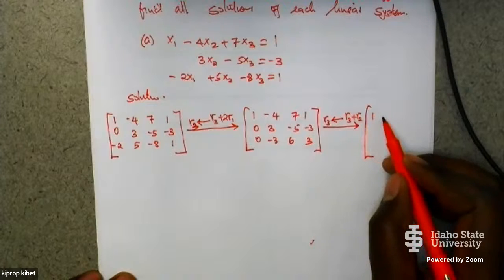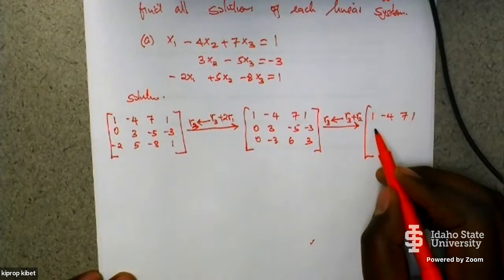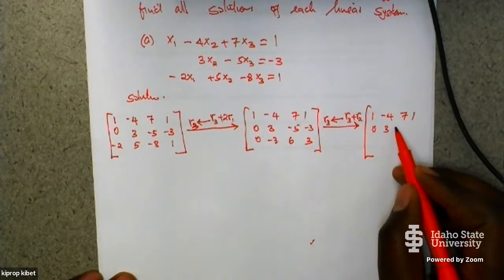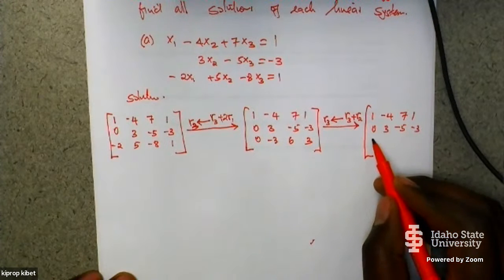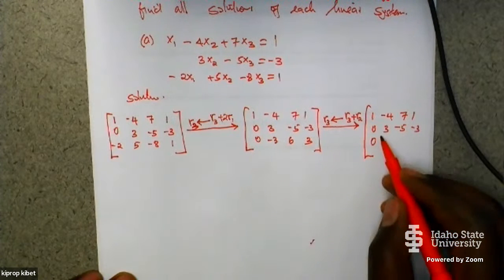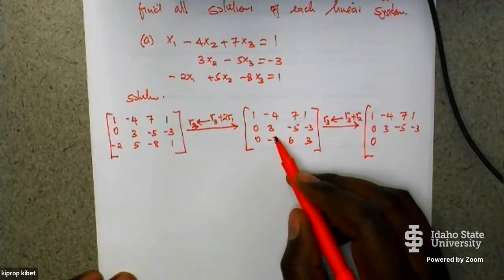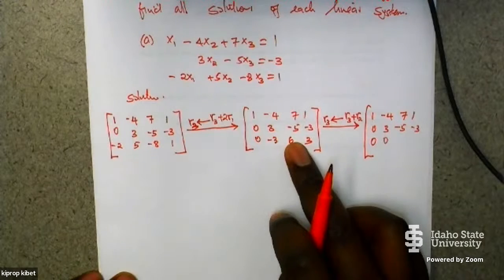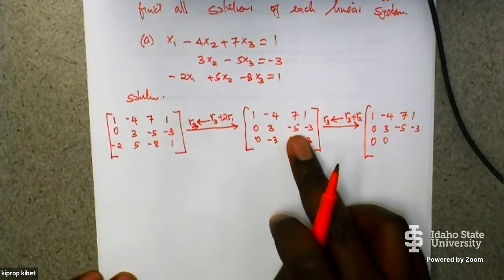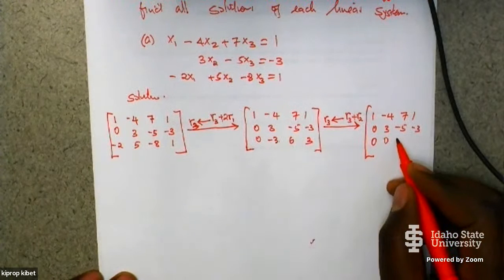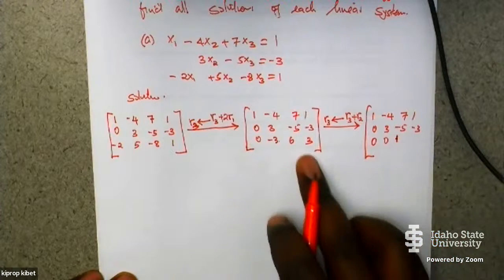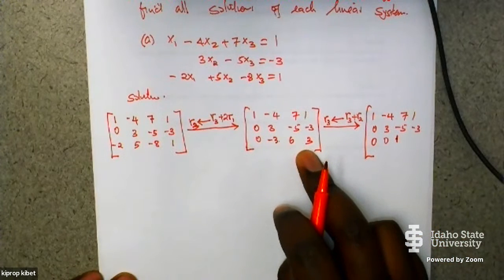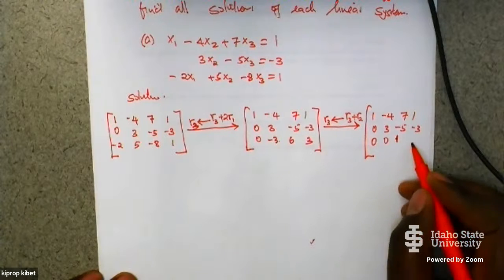So we have 1, -4, 7, and 1. We have 0, 3, -5, -3. Then 0, this plus that is 0, 6 plus minus 5 is 1, and finally 3 plus minus 3 is 0.